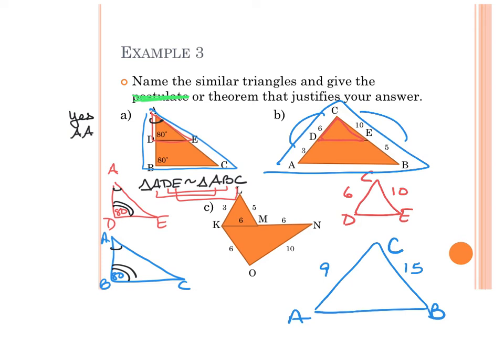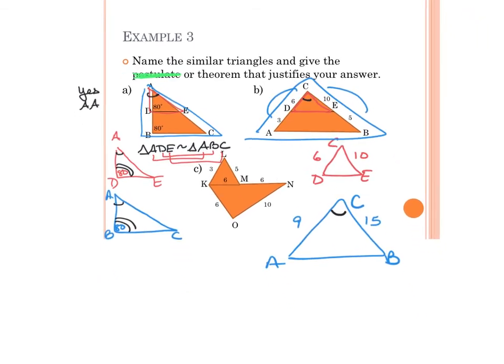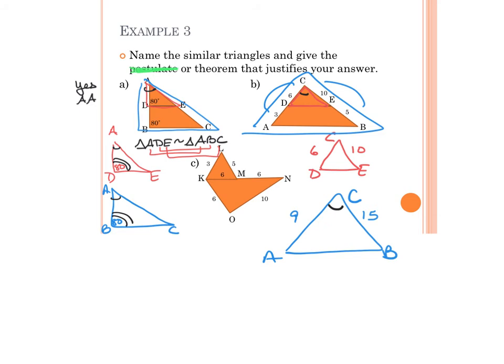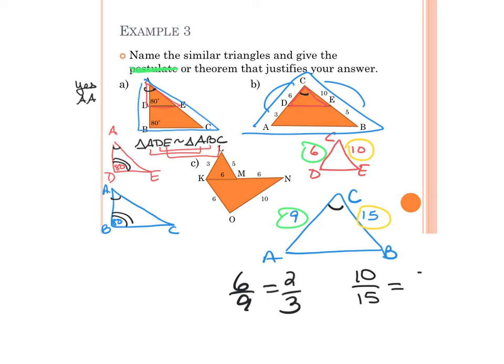Notice they both share angle C. And now I just need to make sure that the sides are proportional. So I'm going to match 6 and 9, simplifies 2 to 3. And then I'll match 10 and 15, and it simplifies 2 to 3.